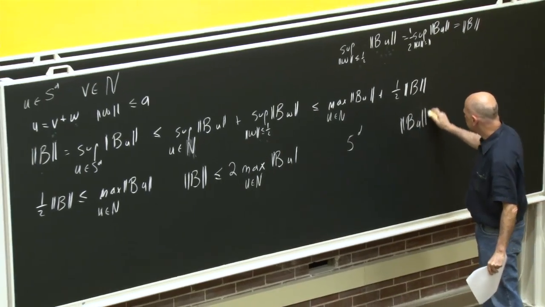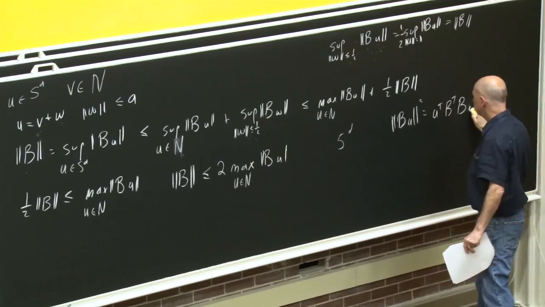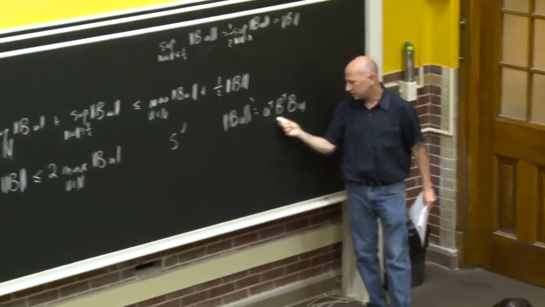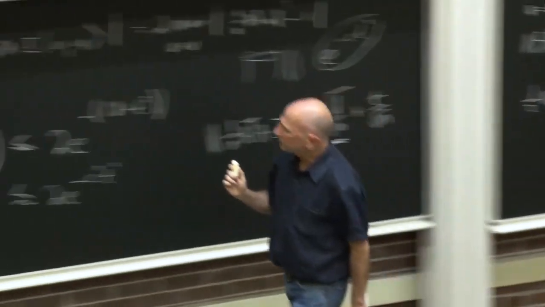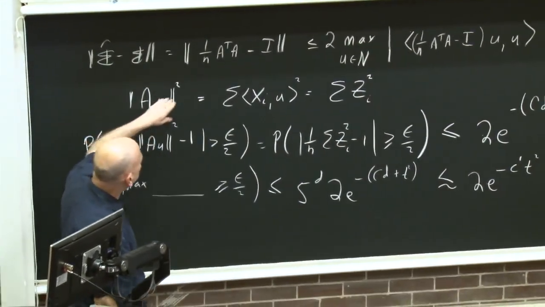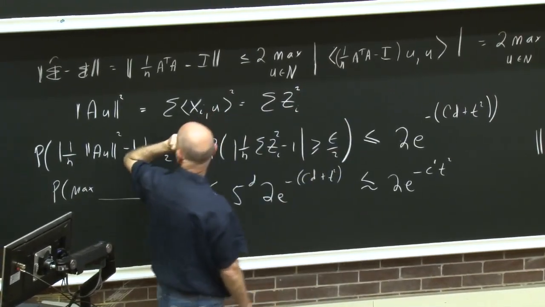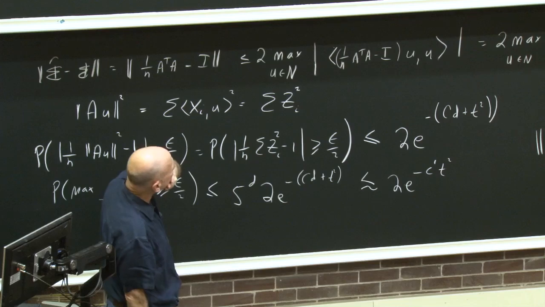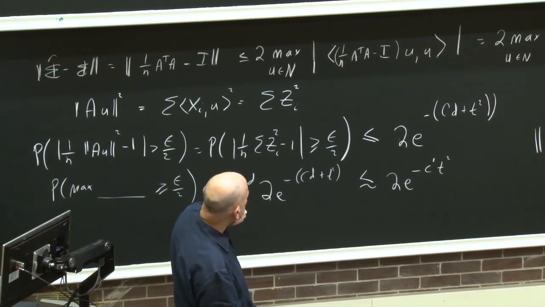If I write down what this is, u transpose b u, so there's a b transpose b. And so why don't I have an extra a? I think this is right, and I see your point.